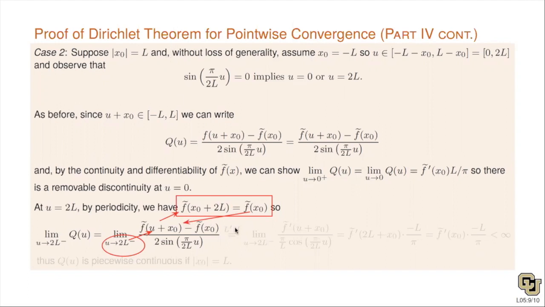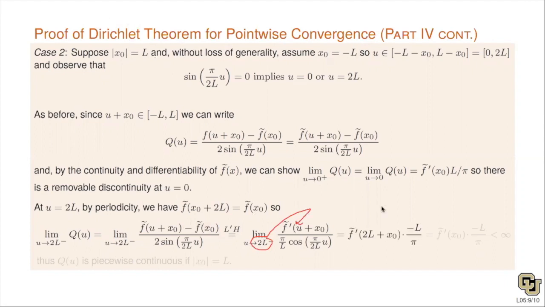Here, this term now goes to 0, and in the denominator, of course, sine of 0 is 0. So now we can use L'Hopital's rule. Remember, f tilde of x naught is a constant. You take the derivative and you get f tilde prime of u plus x naught, replacing u with 2L.